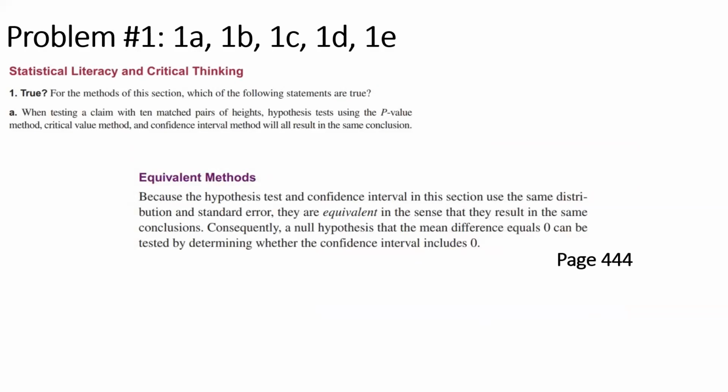Okay. Hi, guys. Good morning. I will be answering 1A through C for you guys. So let's get started. Okay, so for 1A, when testing a claim with 10 matched pairs of heights, hypothesis tests using the p-value method, critical value method, and confidence interval method will all result in the same conclusion.